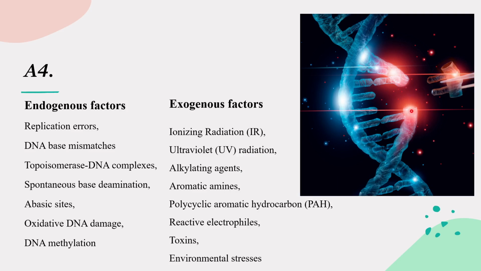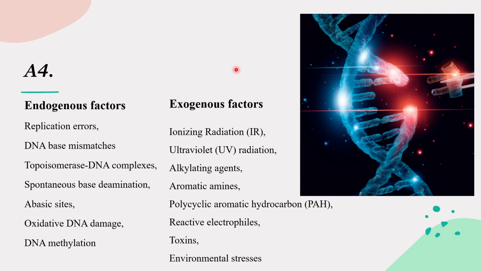It's called DNA damage. So how does this happen? This might be due to some endogenous factors or some exogenous factors. Endogenous means the factors are from inside the cell, and exogenous means the outside factors, outside the living body or outside the cell. Okay, so endogenous factors include replication errors.